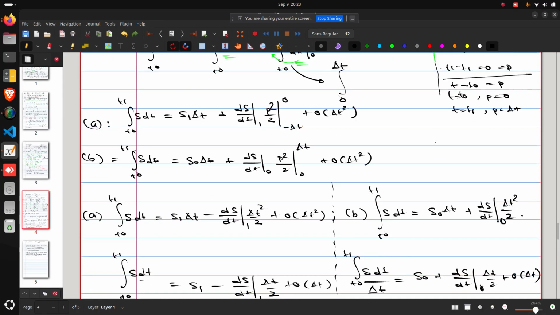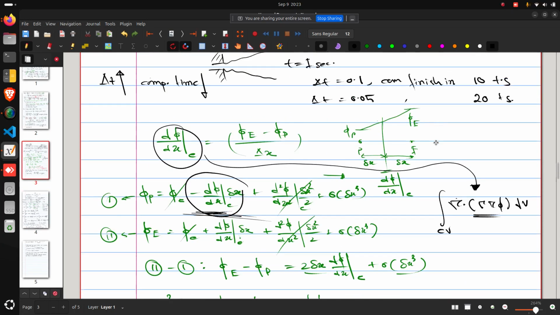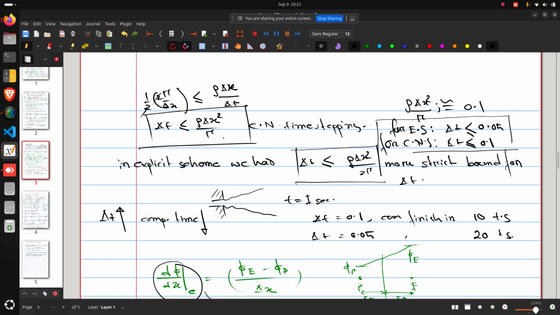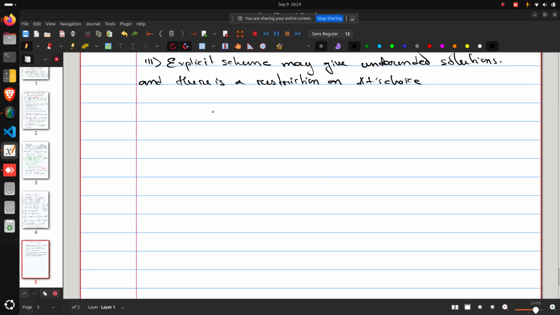If you remember, for the explicit scheme we had that delta t should be less than or equal to rho delta x squared by 2 gamma, right? This kind of restriction we have for the explicit scheme, but we do not have it for implicit schemes. But both of them are first order accurate.